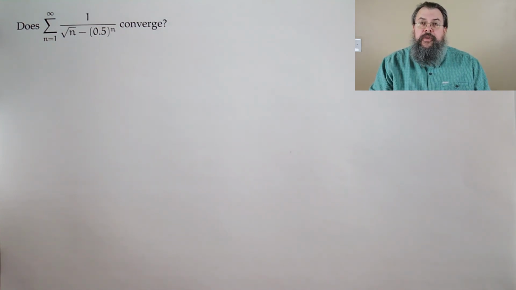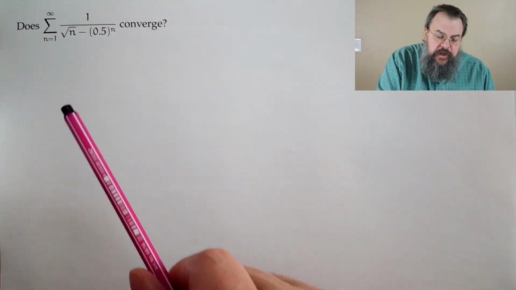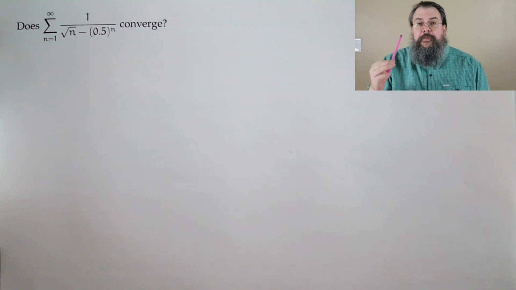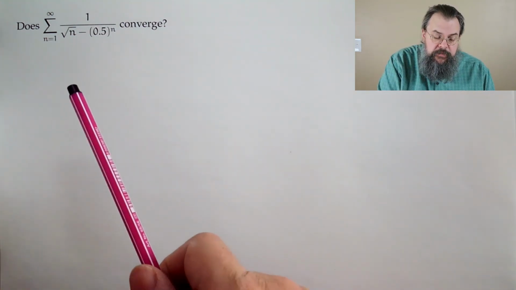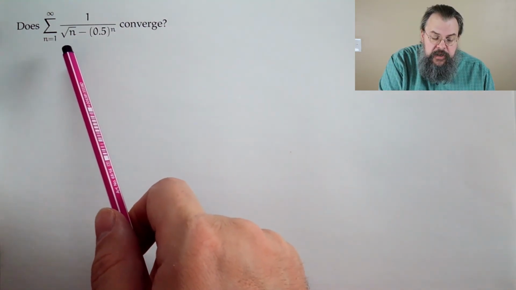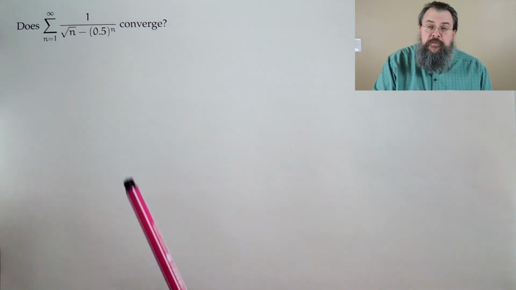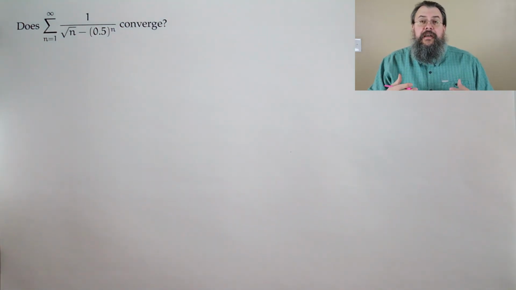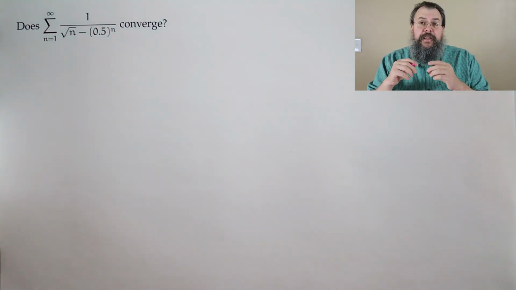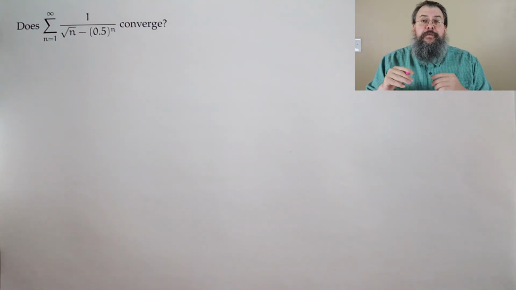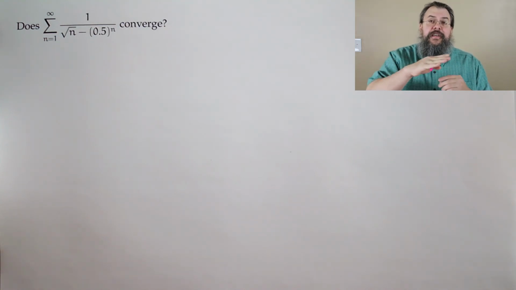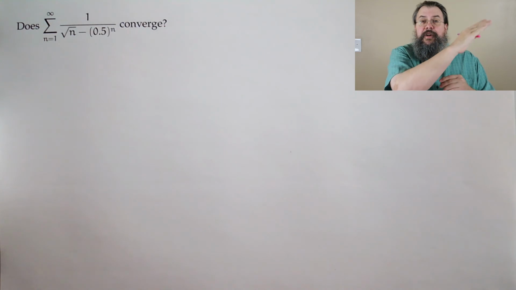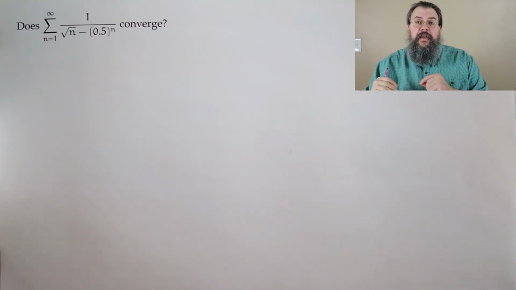And so for that, we say, what's important? Now, upstairs, it's always 1. All right, fine. Downstairs, what do we have? We have root n and 0.5 to the n. Now, as n gets big, 0.5 to the n, yes, it's exponential, but it's not exponentially increasing and blowing up because 0.5 is less than 1.